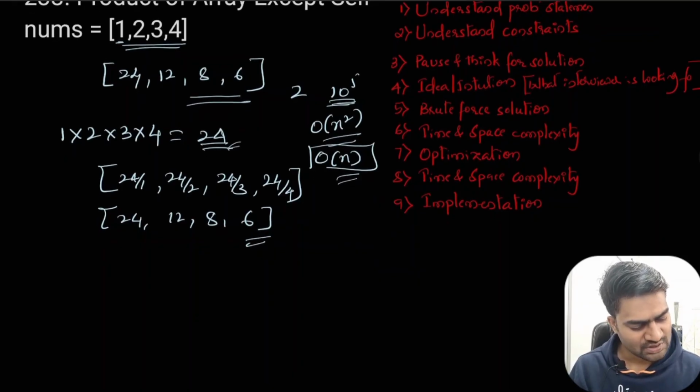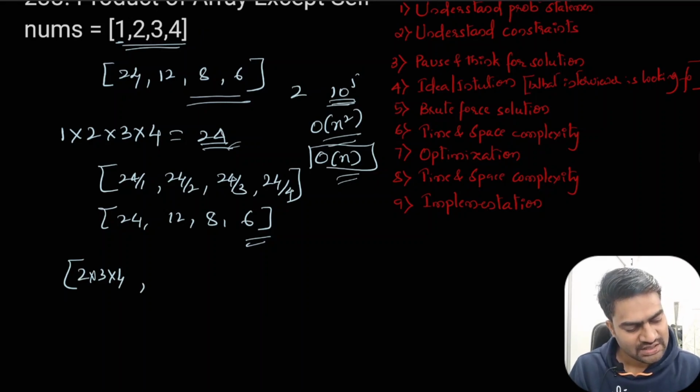So now what I will do, I will take an array, okay, then for the first number, I will leave the first number, I will consider the remaining numbers. These are the remaining numbers. So I will say 2 into 3 into 4. This is my first number.